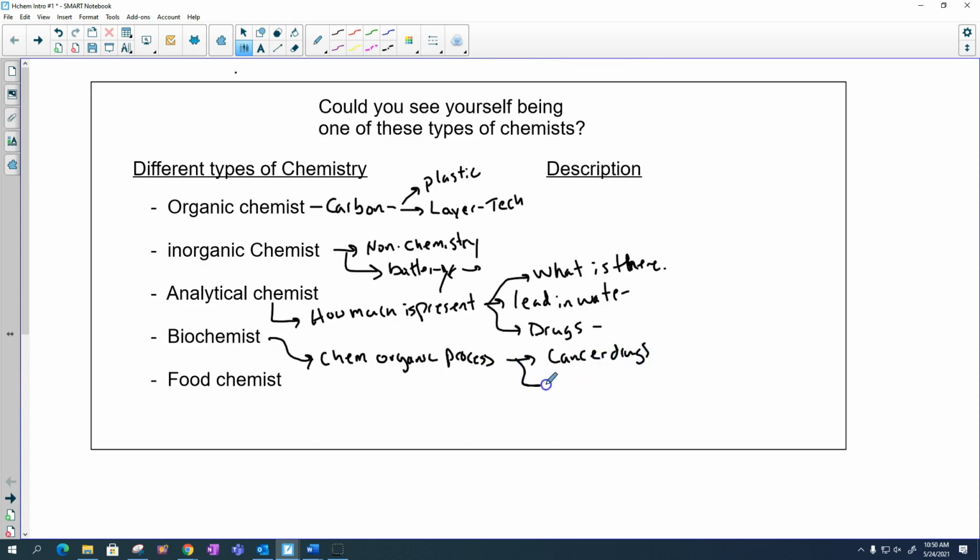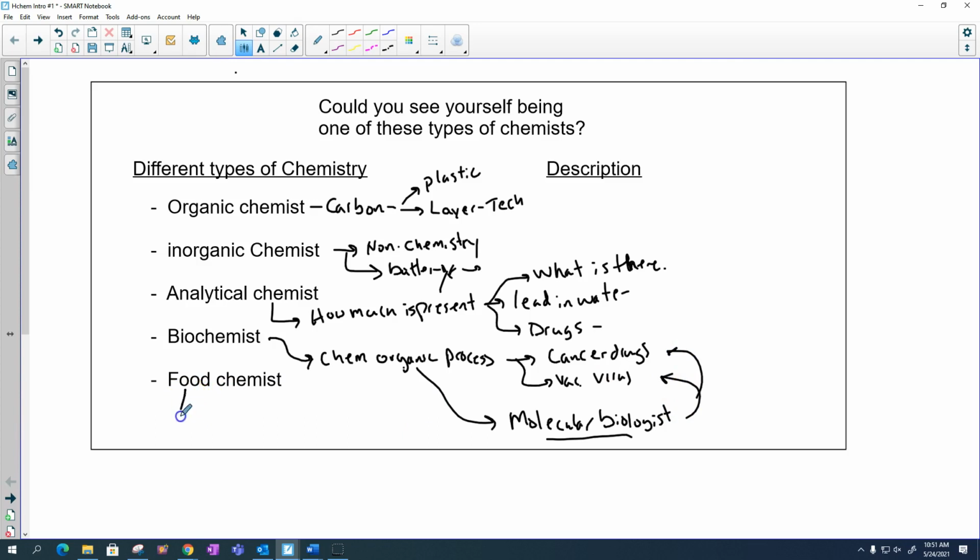Or someone who could be developing a vaccine for some sort of virus. You might even have a branch off of the biochemistry, which would be called a molecular biologist. And that would be even more specialized. And again, that's moving more and more towards biology, a molecular biologist or chemist. And they're really getting into stuff like this more often than not.